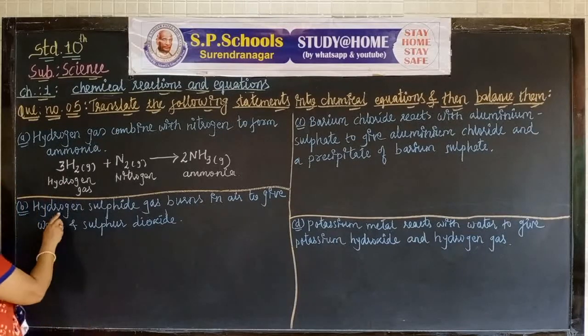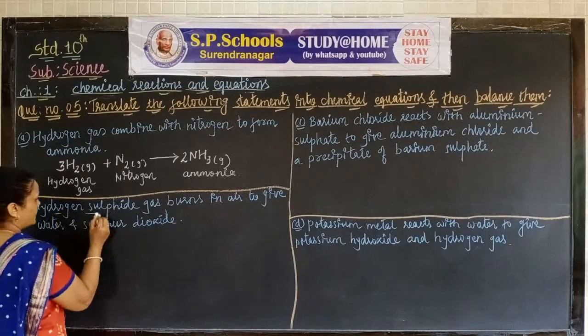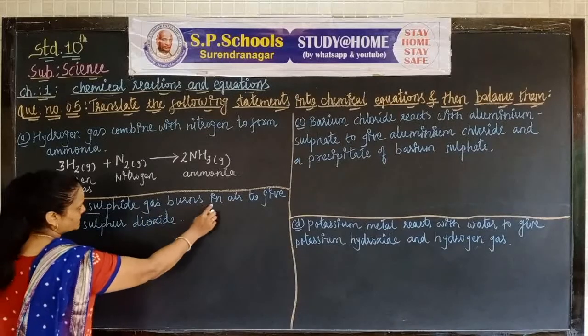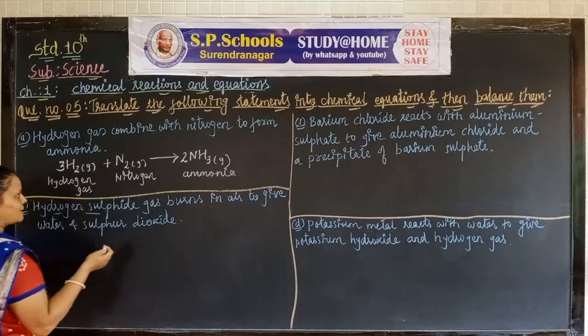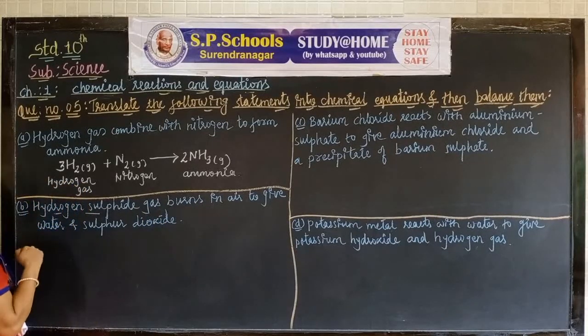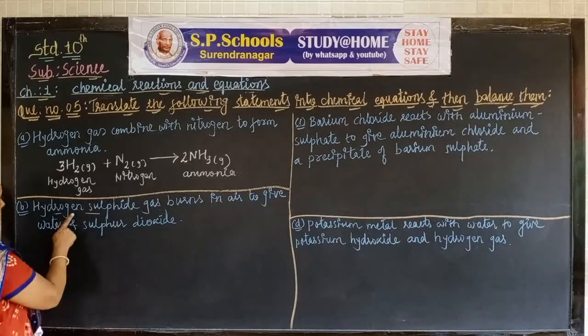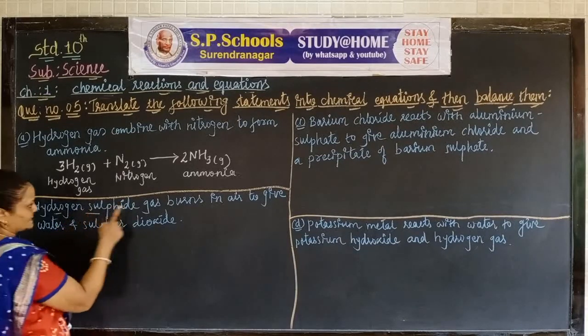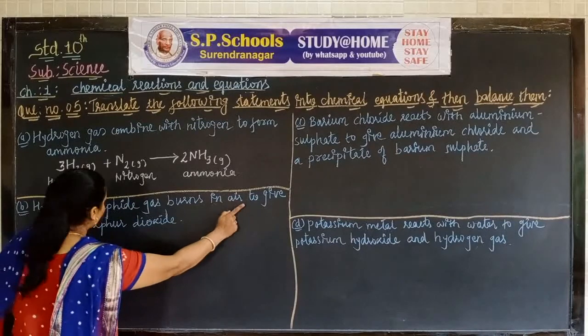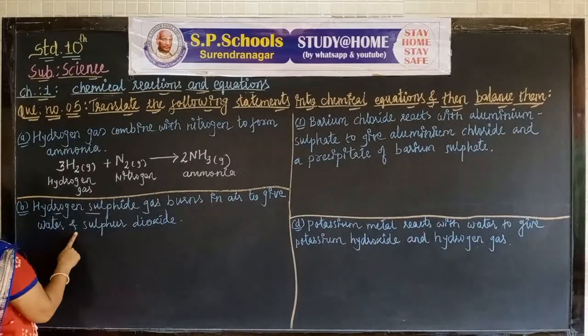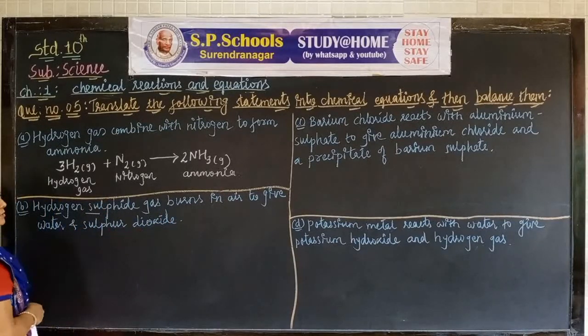Second, hydrogen sulfide gas burns in air to give, when the word itself says to form or to give, it means these two are the products and these two are the reactants. Hydrogen sulfide gas burns in air to give water and sulfur dioxide.